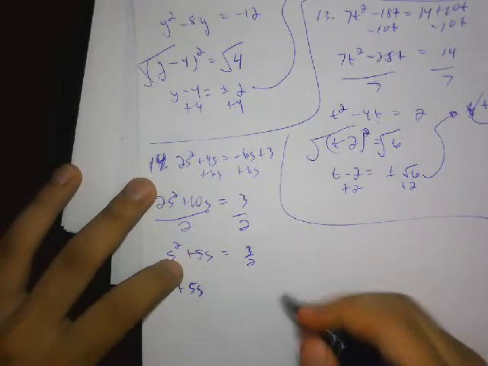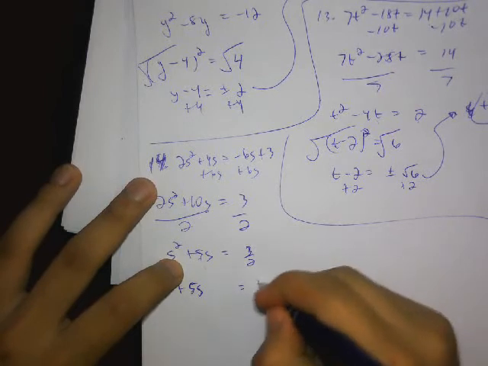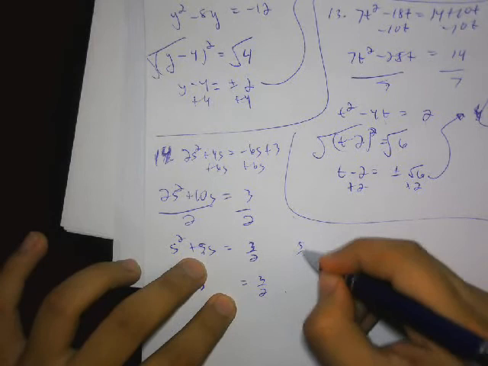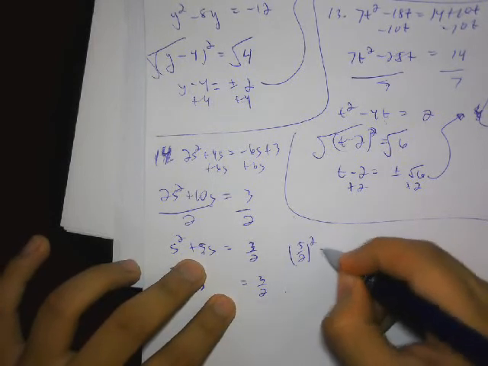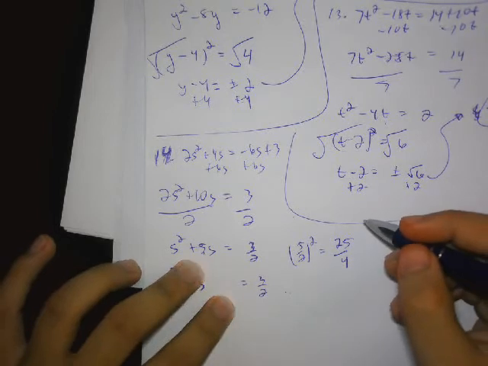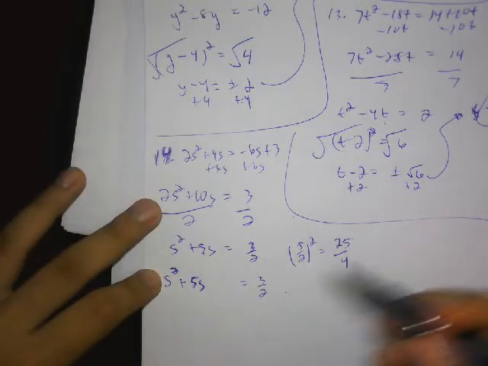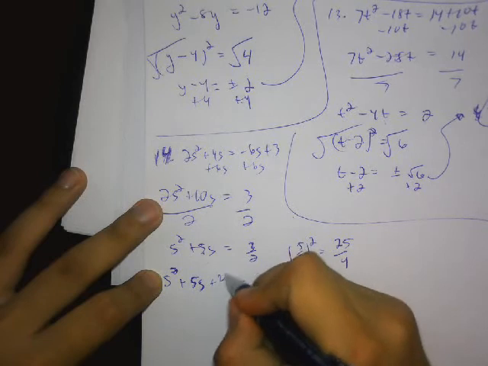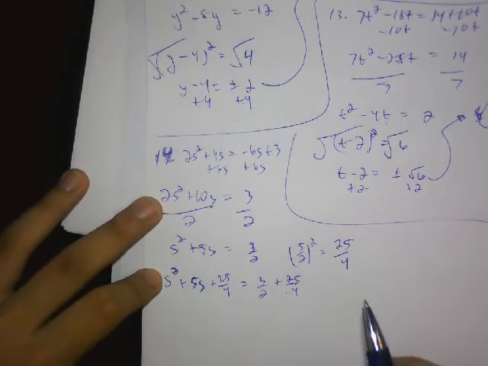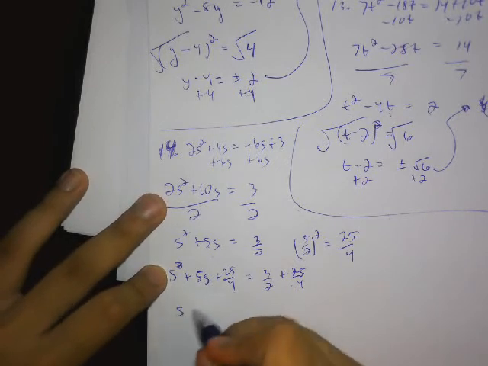So my binomial here is s plus 5 over 2 squared equals, I want a common denominator here, so I'm going to multiply 3 over 2 by 2, giving 6 over 4. 6 plus 25 is 31, and then the common denominator 4.